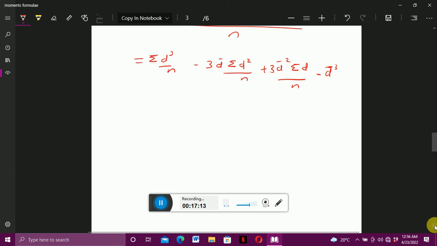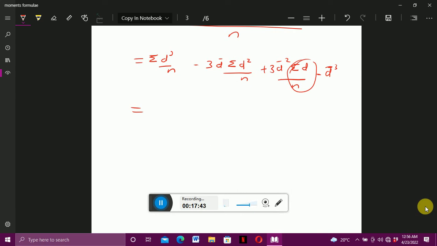So we proceed and put some of these together. Let's see what we can put together. Is there something we left out? We have 3d sum 3. Okay, yeah. So continue. This can be put together to give us another d bar.